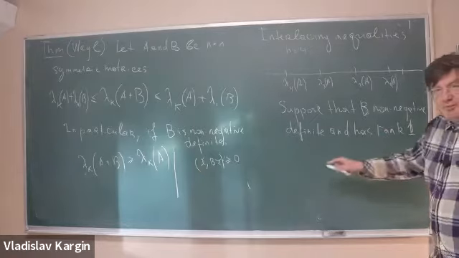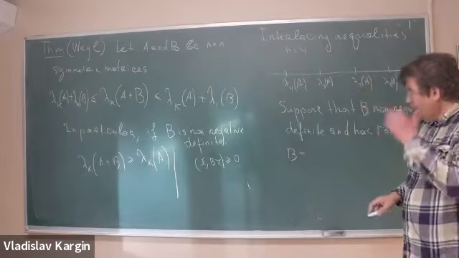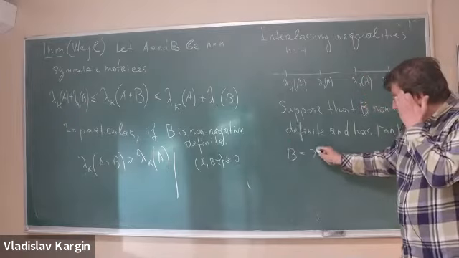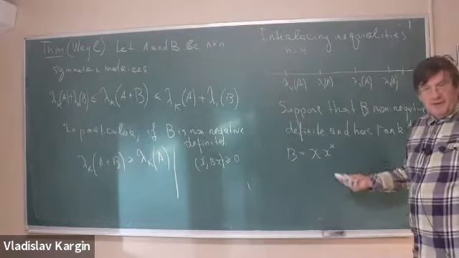What it means is that B can be written as a product x x star for some vector x.